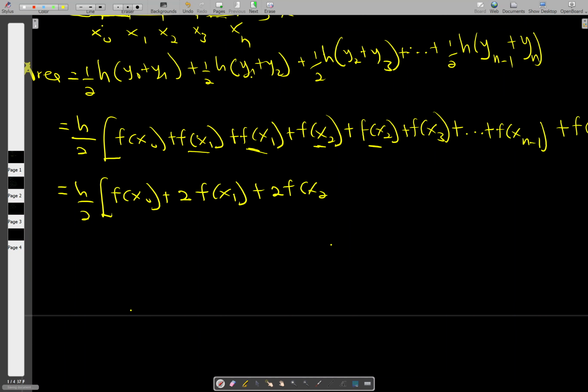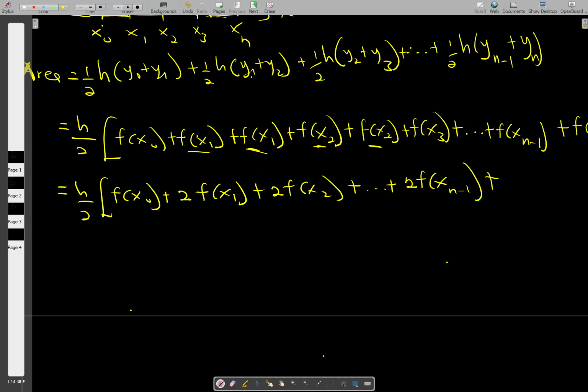Okay, so this means that all the middle terms are multiplying by what? By 2. Okay, so that will be up to 2 times f of xn minus 1 plus the last term, that is f of xn.